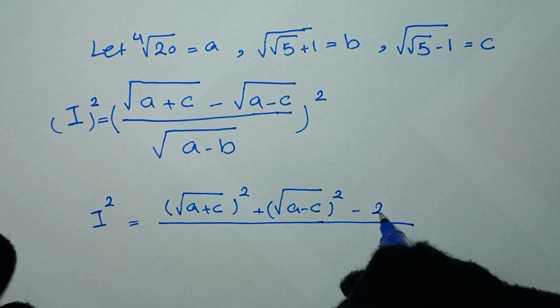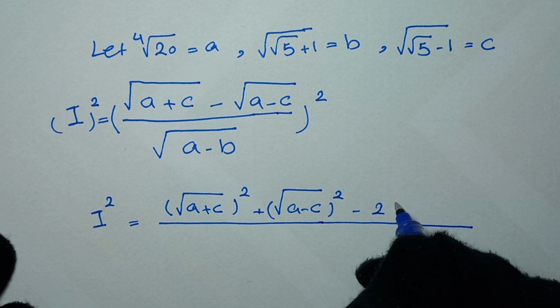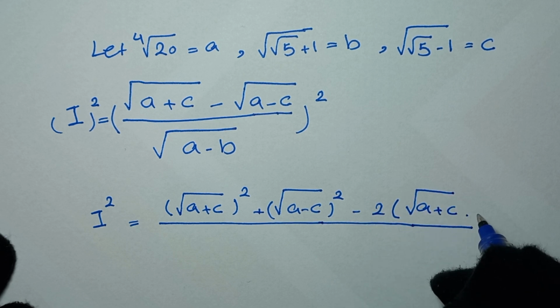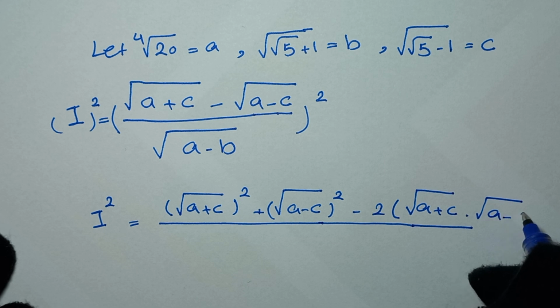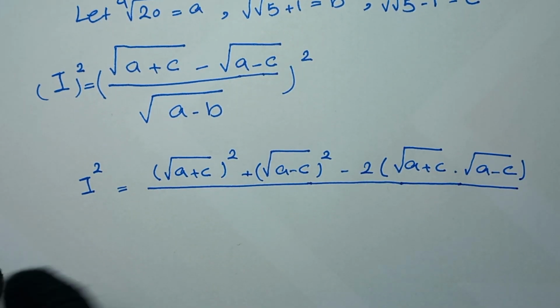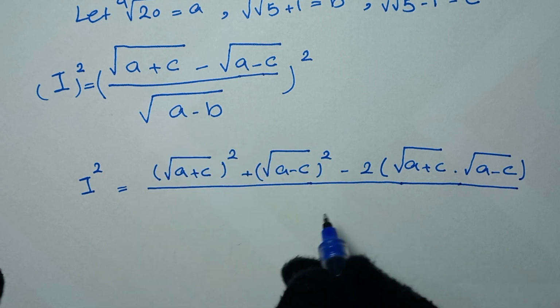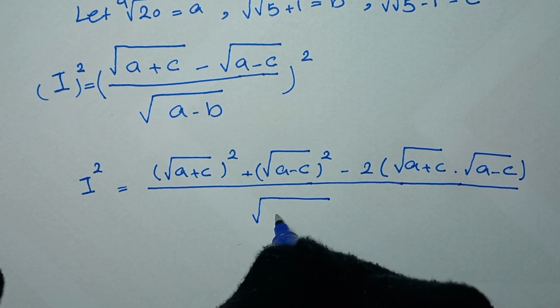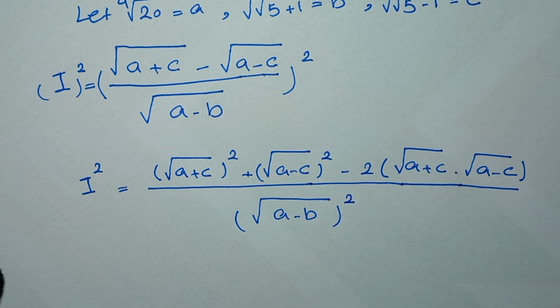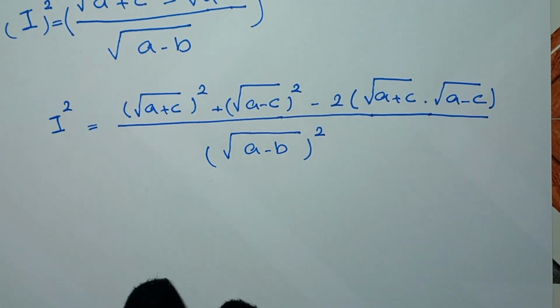So 2 times square root of a plus c times square root of a minus c, and over this to the power of 2, which will be square root of a minus b to the power of 2, right?